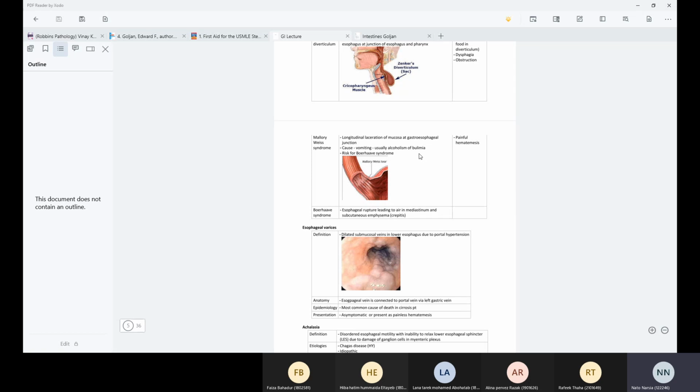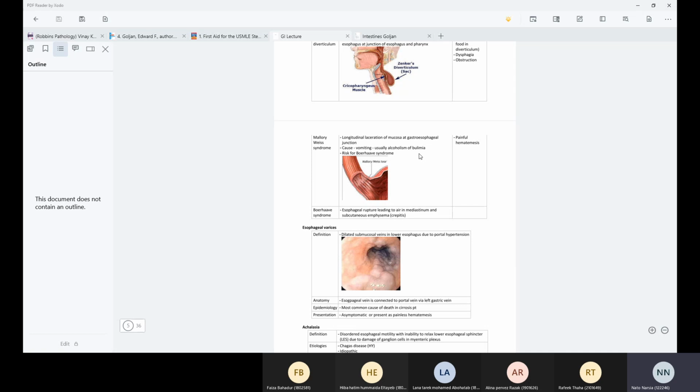You literally will find air under the skin. Subcutaneous emphysema, it will make a crepitation sound, and if you don't perform surgery, it will definitely lead to death. So Boerhaave syndrome is a complication of Mallory-Weiss syndrome, and it is actually rupture of the esophagus.